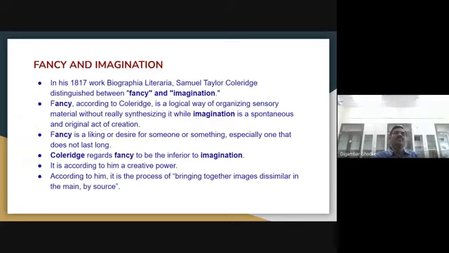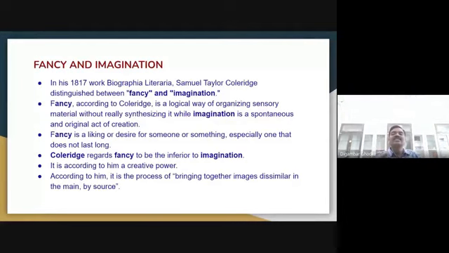Now, what is fancy? In Coleridge's view, fancy is a logical way of organizing sensory material without really synthesizing it.